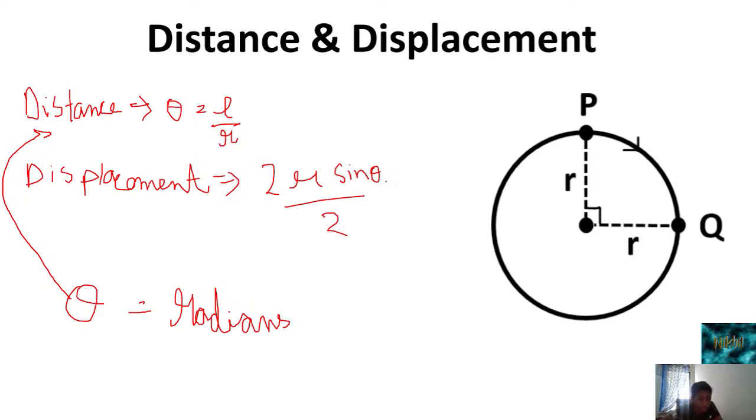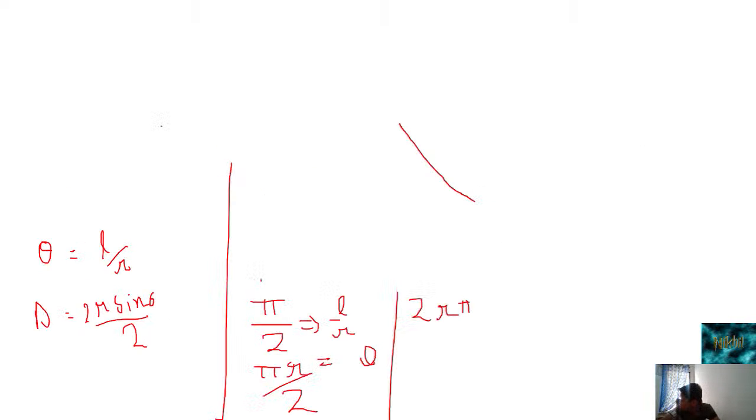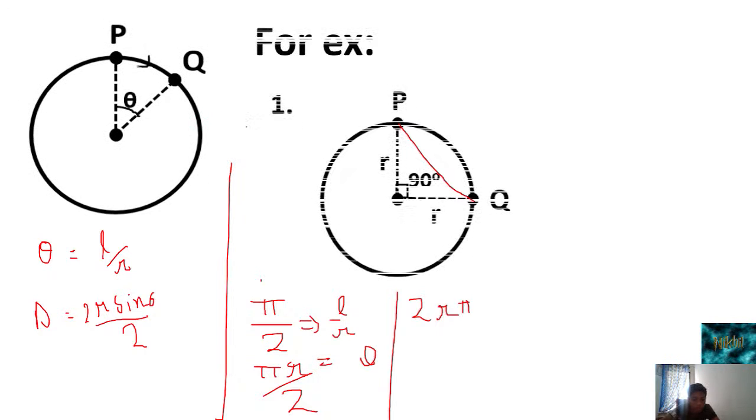Remember that. Theta here means the angle only. Hope you have understood. I was just talking about this theta. Sine 90 is 1, so the 2 cancels and the displacement here will be R.